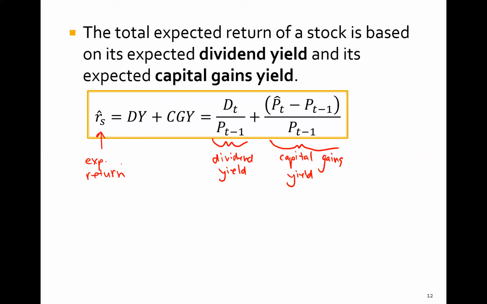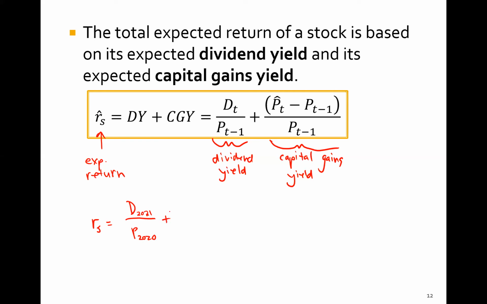If you were to do this on a 1-year return, let's say you buy the stock on the last day of 2020. The return that you would receive would be whatever dividends you receive over the course of 2021 divided by the price that you paid for the stock in 2020.